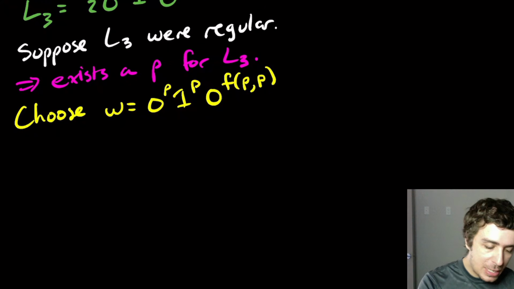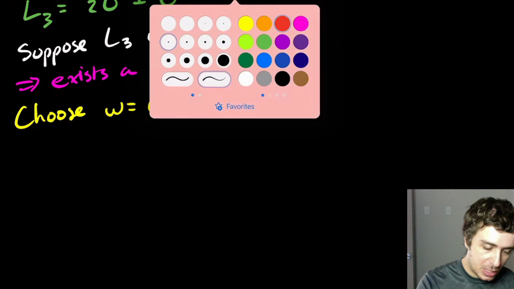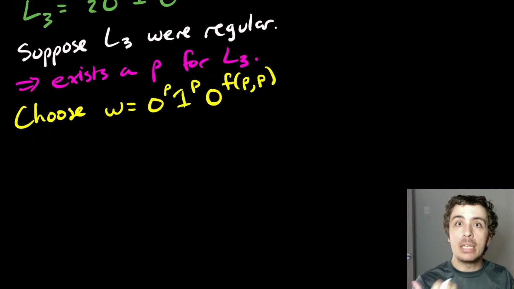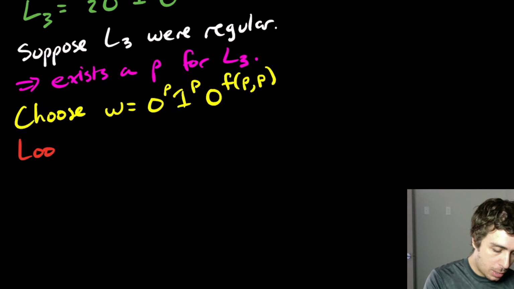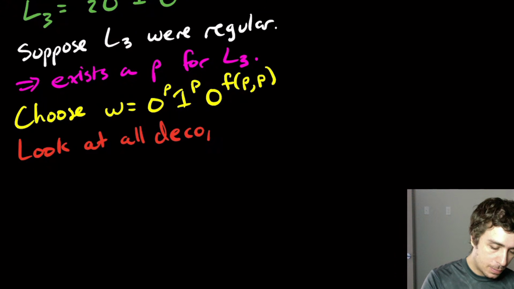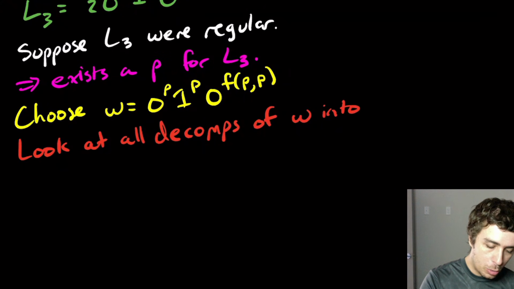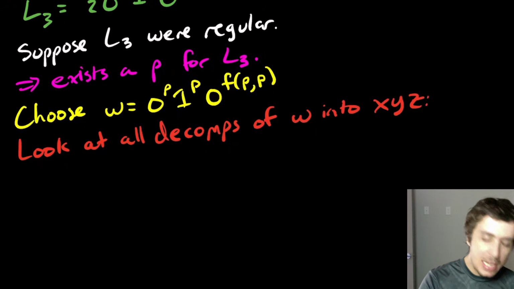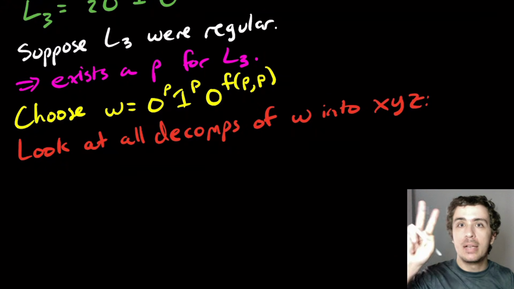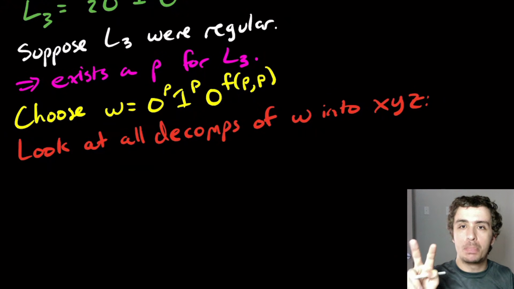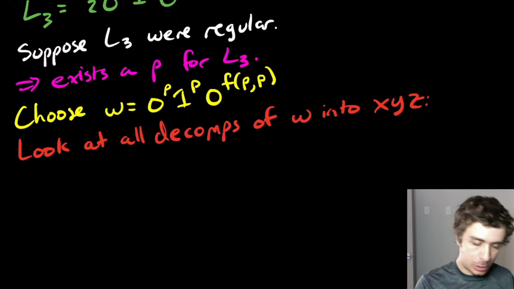Okay, so then now we need to look at all decompositions of this string w into x, y, and z according to the two rules: that x and y are of length at most P, and y is non-empty, meaning it has at least one character.